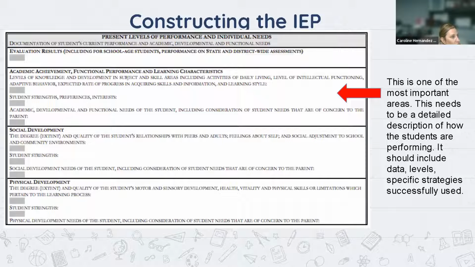This is the first place I look anytime I'm looking at a student's IEP, because I want to know where exactly this student is in terms of their academic abilities, struggles, etc. So it should include data, specific levels for achievement, and also strategies that have been successfully used to support the student.